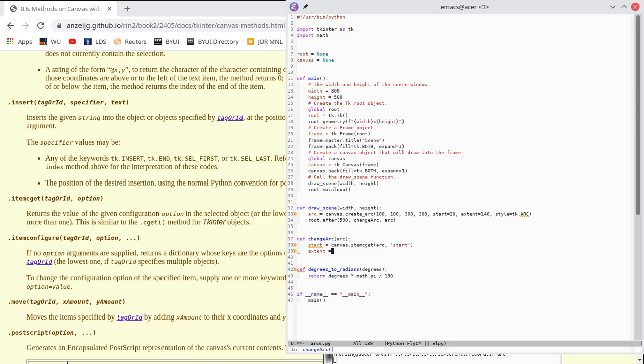Extent equals canvas dot item cget arc extent.